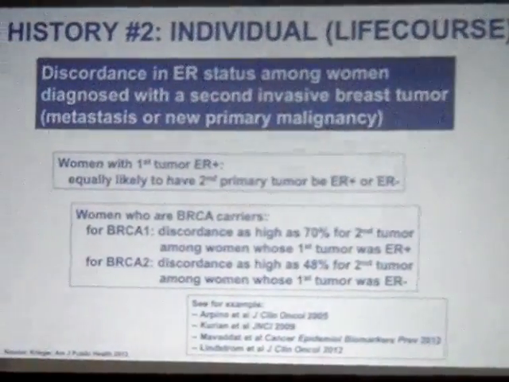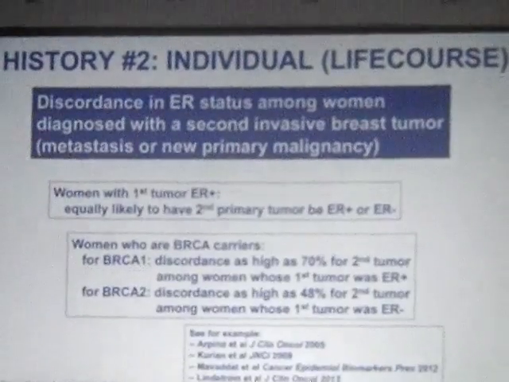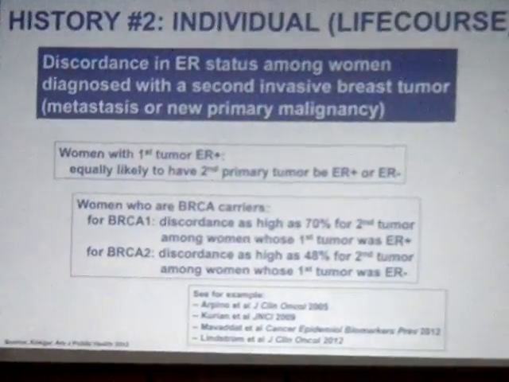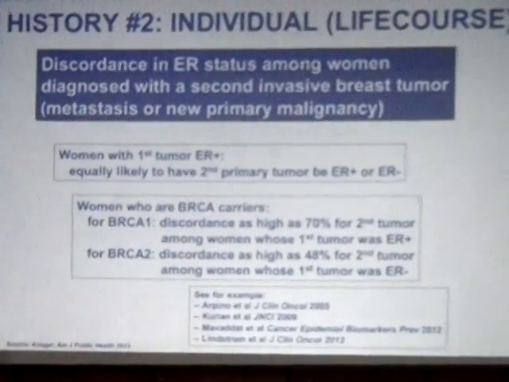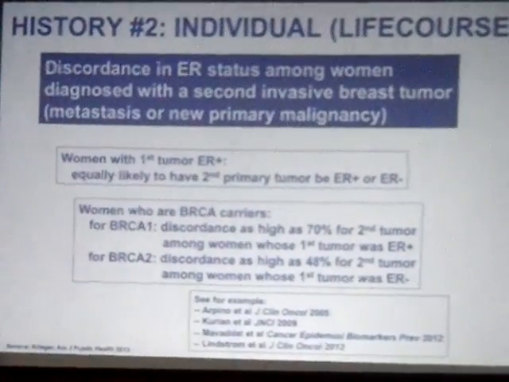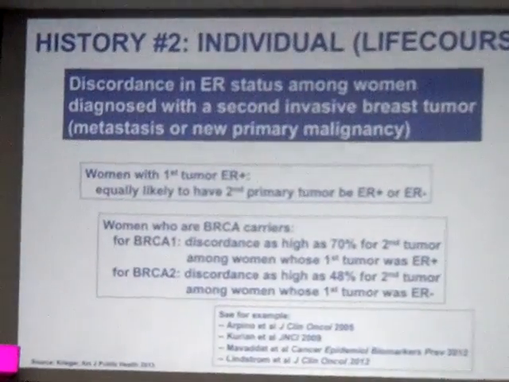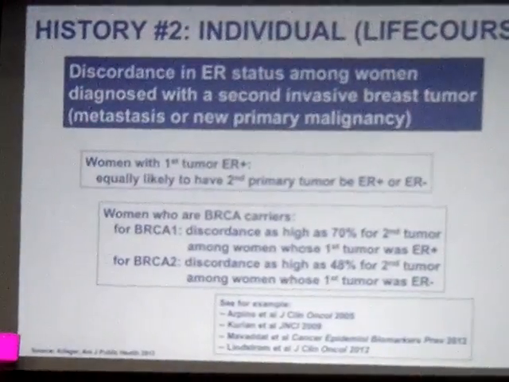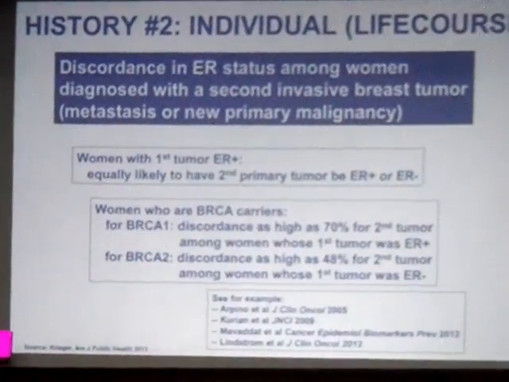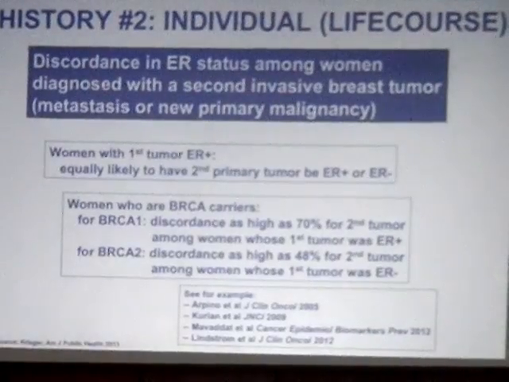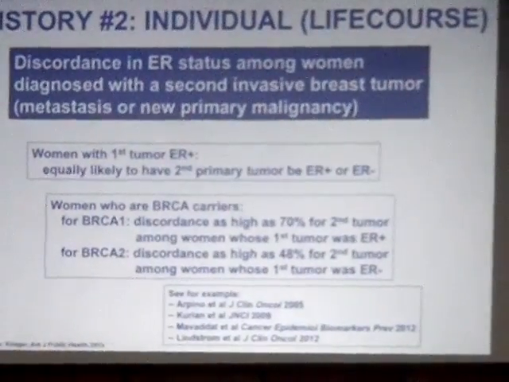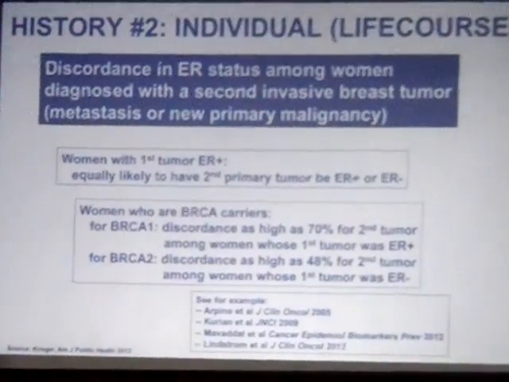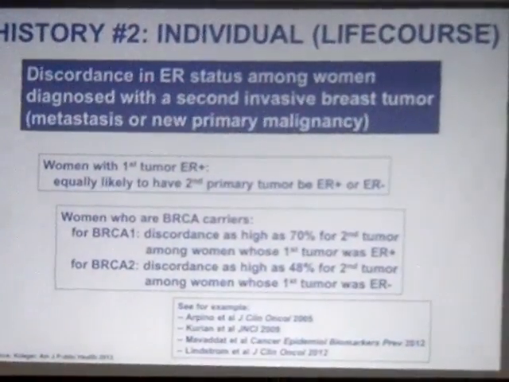For example, recent evidence from large US and international studies indicates that women whose initial primary tumor was ER positive are equally likely to have their second primary tumor be ER positive or negative. Moreover, among BRCA1 and BRCA2 carriers, discordance of the ER status between first and second tumor is, for women who are BRCA1 carriers, as high as 70% for those whose initial tumor was ER positive, and for women with BRCA2, as high as 48% for women whose initial tumor was ER negative.